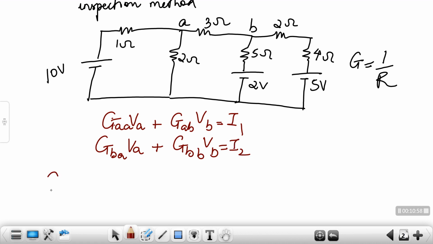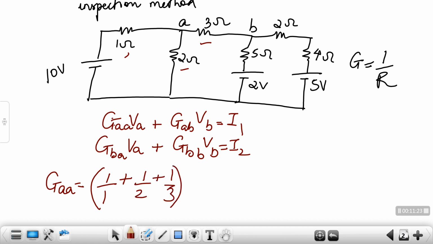Now let's find out the value of GAA. GAA is the self-conductance at node A. So what will be the self-conductance at node A? This resistance will come into the picture, this resistance and this resistance. So it will be the inverse of all resistances: 1 upon 1 plus 1 upon 2 plus 1 upon 3 mho.